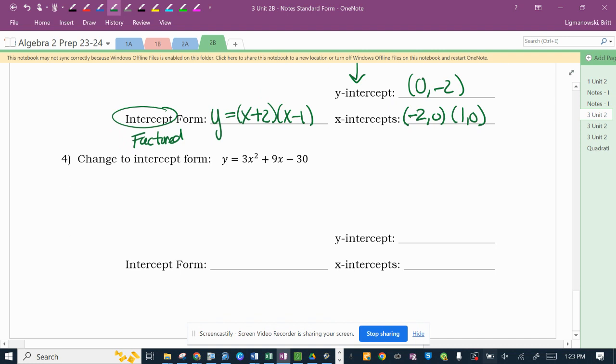This one's kind of like number 2, where I have a number in front, so I'm going to take out that GCF. When I do that, I'll have x squared plus 3x minus 10, and we're going to think about what multiplies to -10 and adds to 3.